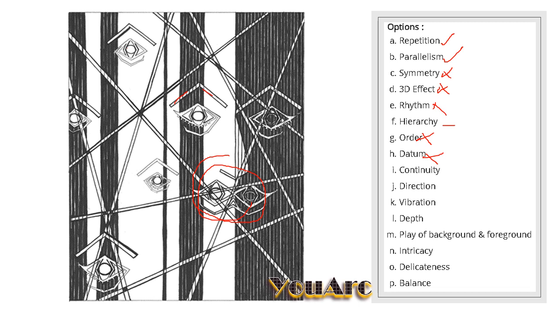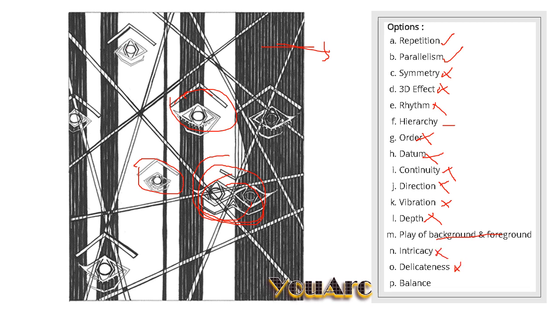Continuity. Yeah, we can feel a little play of foreground and background. See, we can feel this particular eye figure is coming a little to the front, and this portion is going back. Stickers is not there.